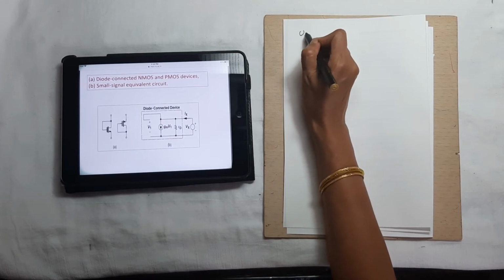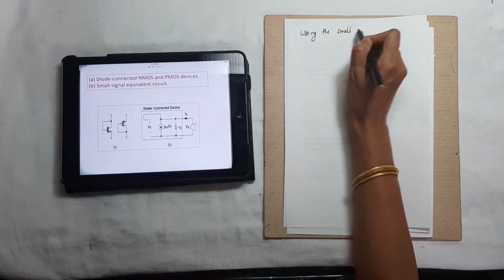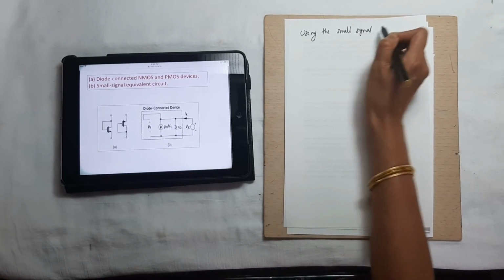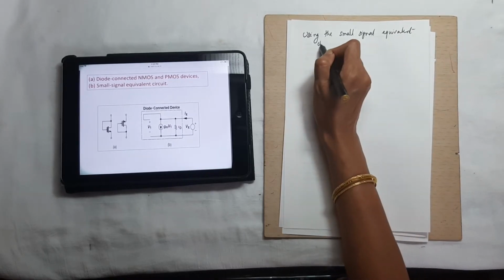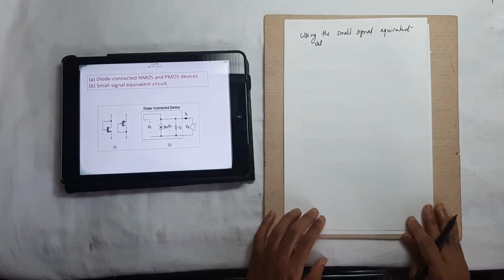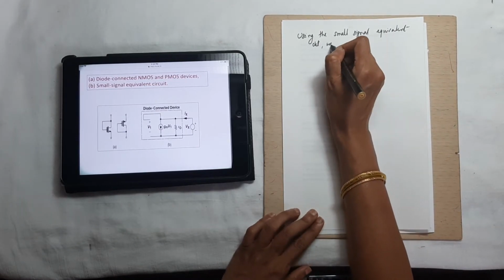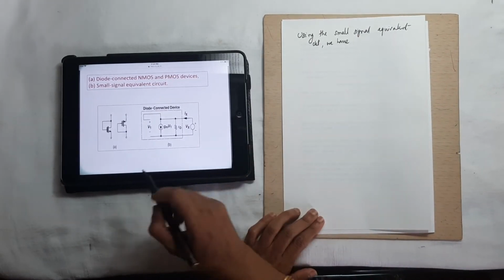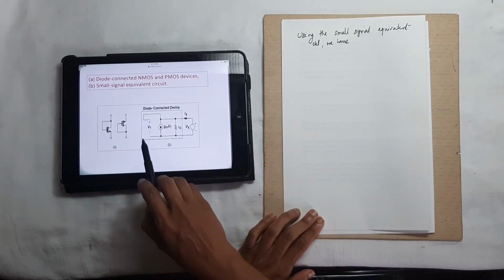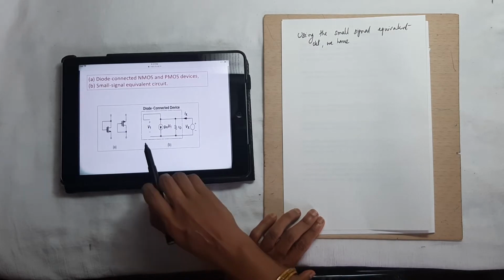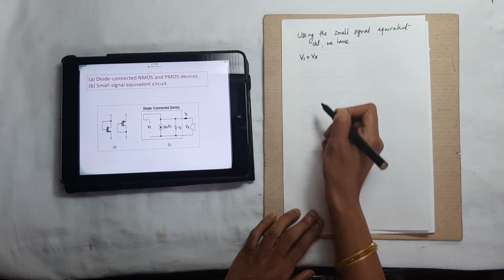Using the small signal equivalent circuit, how are V1 and Vx related? Since they are in parallel, V1 is equal to Vx.